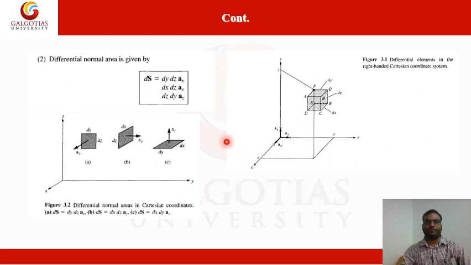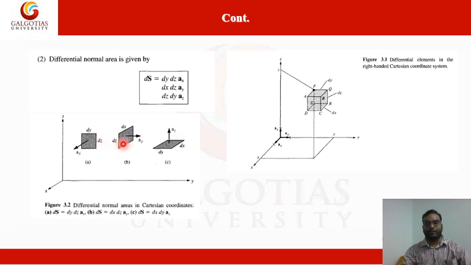If we are talking about the differential normal area, ds, it is given by dy dz in the direction of x, dx dz in the direction of y, and dx dy in the direction of z. For more understanding, I put up one more figure along with the same figure from the previous slide. When calculating the differential surface in the x direction, we consider dy and dz.